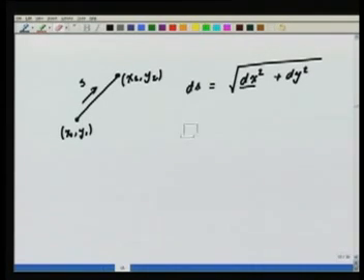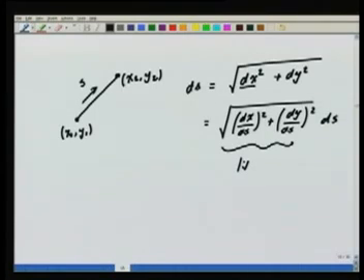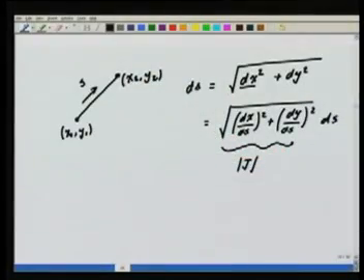So then ds is equal to this, which is equal to the square root of (dx/ds) whole squared plus (dy/ds) whole squared, times ds, the Jacobian. Okay. So what we are saying is this is equal to this quantity. The Jacobian is equal to this.